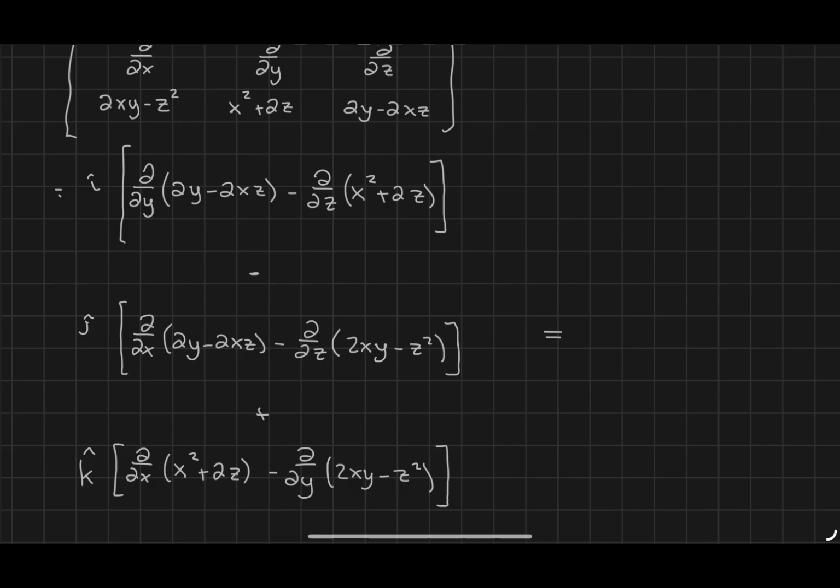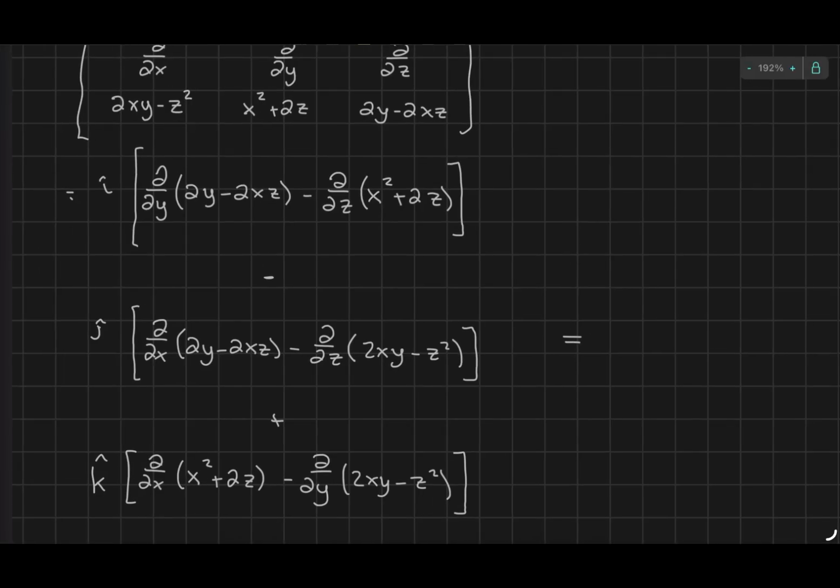Combining that, we're going to do some algebra here. Well, 2y minus 2xz with respect to y, that's just going to be 2. X squared plus 2z with respect to z, that's just going to be 2. That x is treated as a constant.